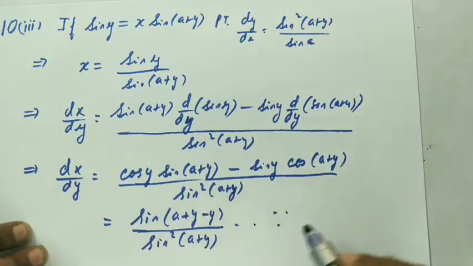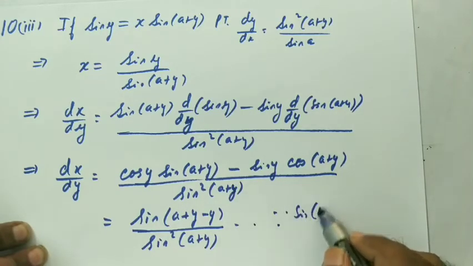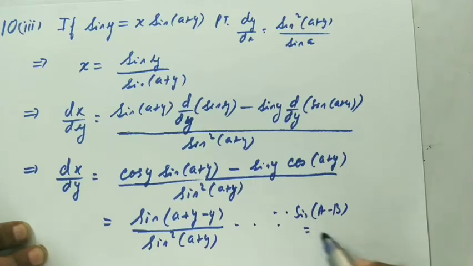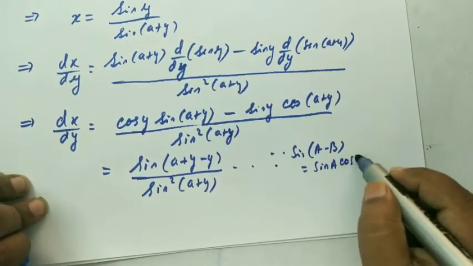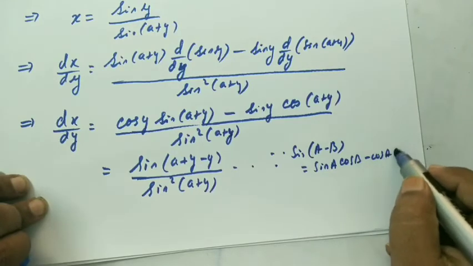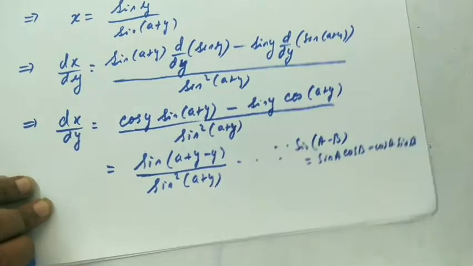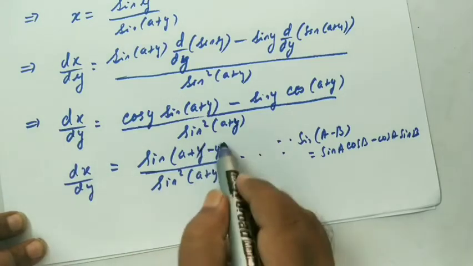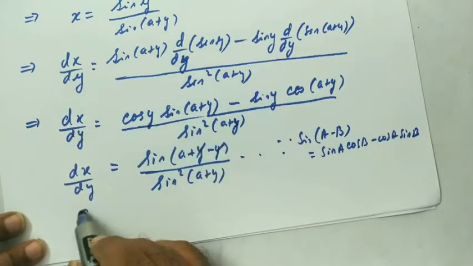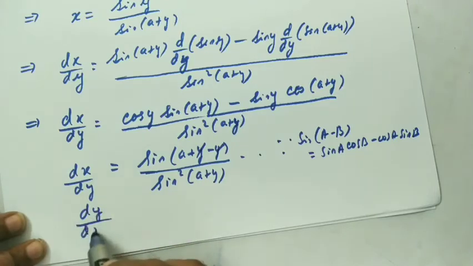We can write here, since sine a minus b is equal to sine a cos b minus cos a sine b. And then finally I'll make it a reciprocal.